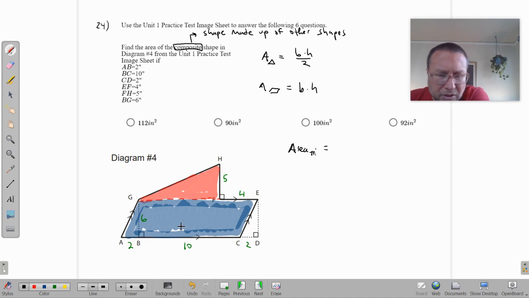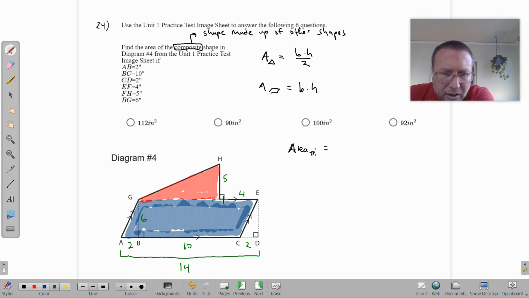Well, let me look at this in a different way. The whole distance across this bottom, right? Because they give me segments, but I need to know the whole thing across here. Well, the whole thing across is 2 plus 10, which is 12, plus another 2, which would be 14. So the whole distance across is 14.